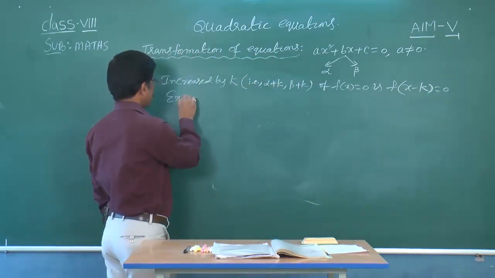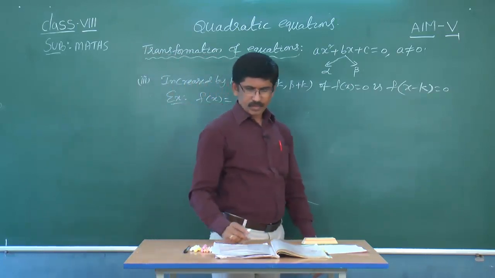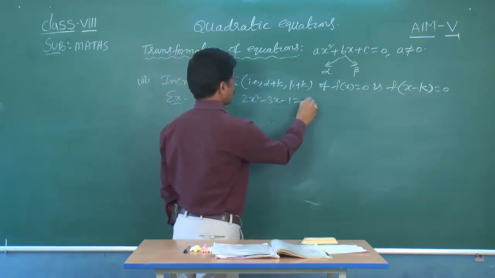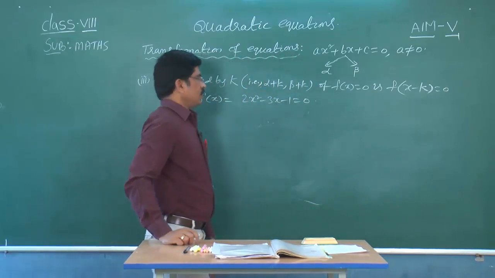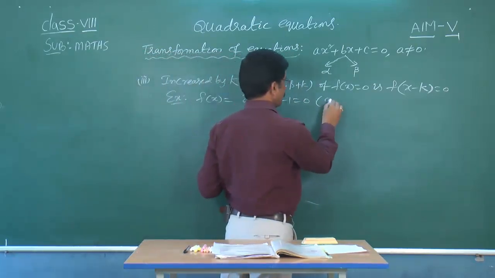See an example. f of x is equal to 2x square minus 3x minus 1 is equal to 0.